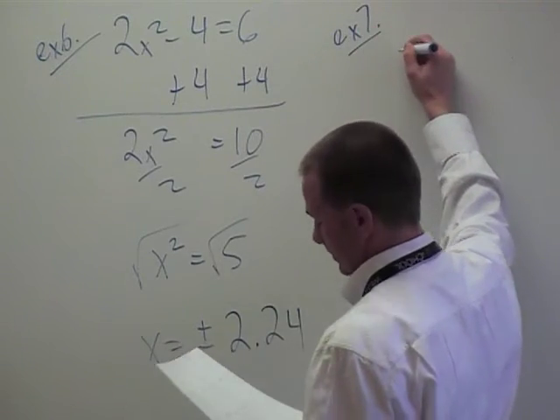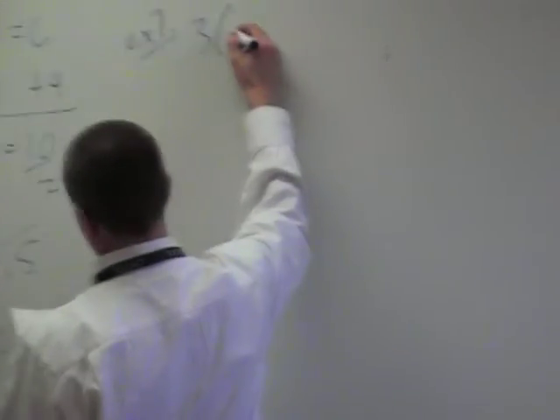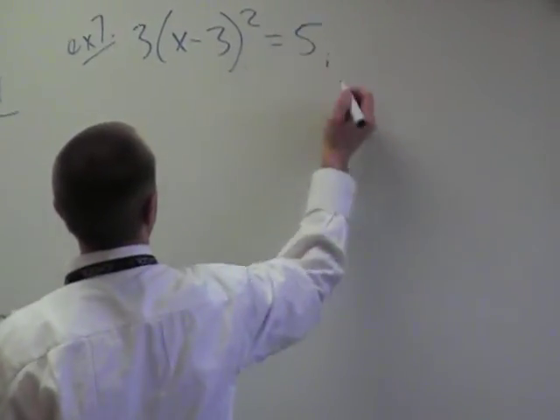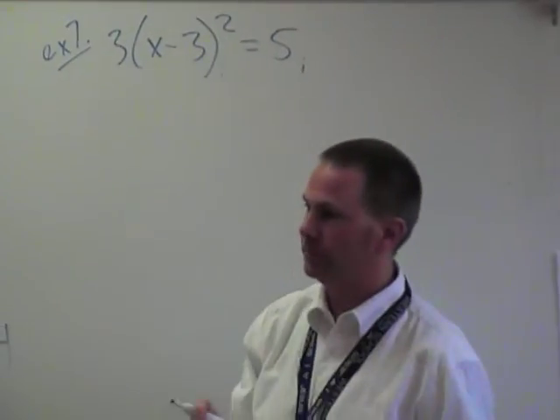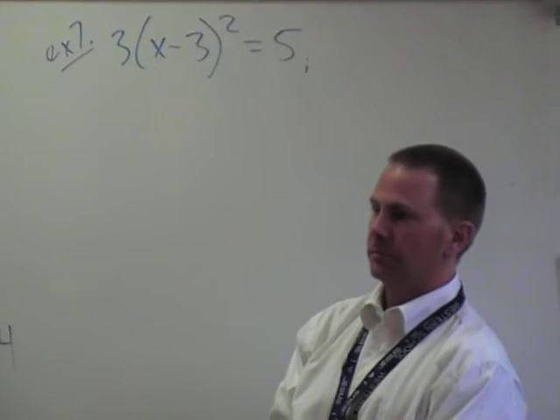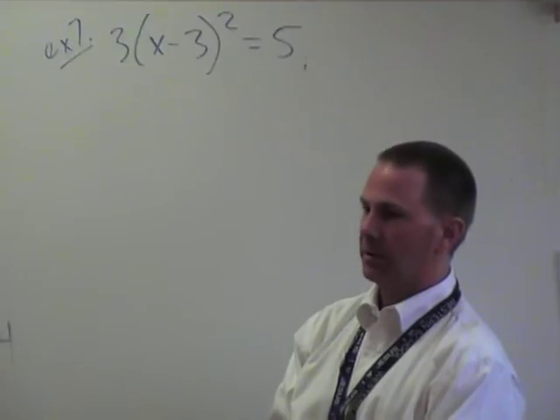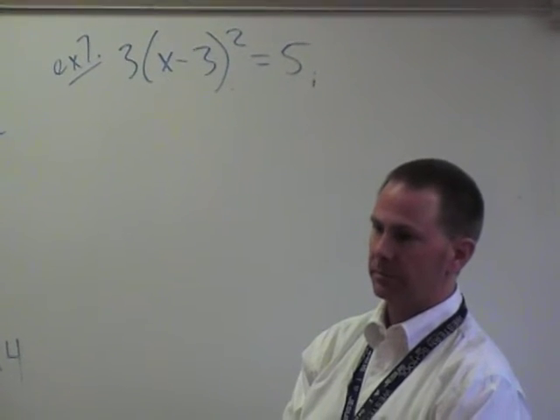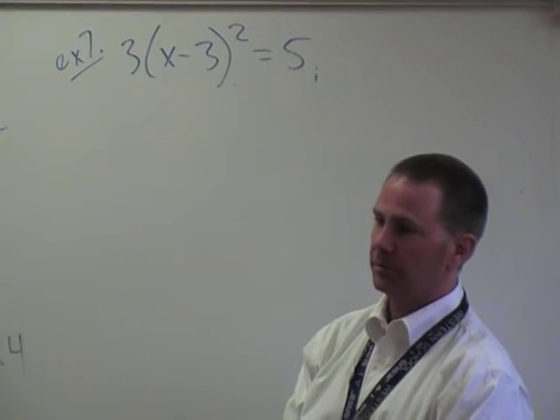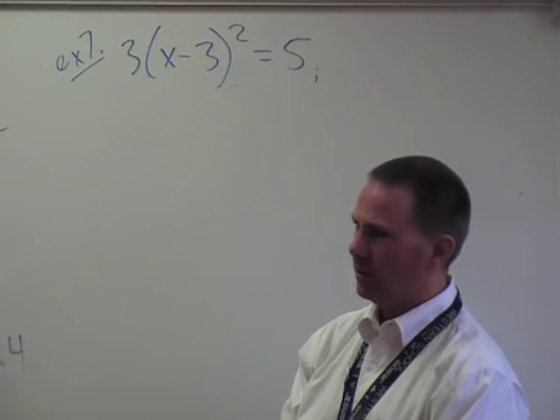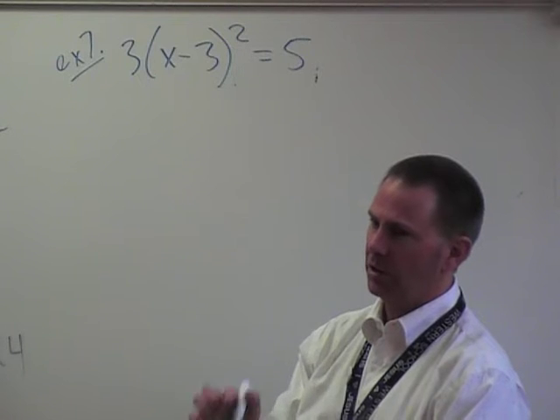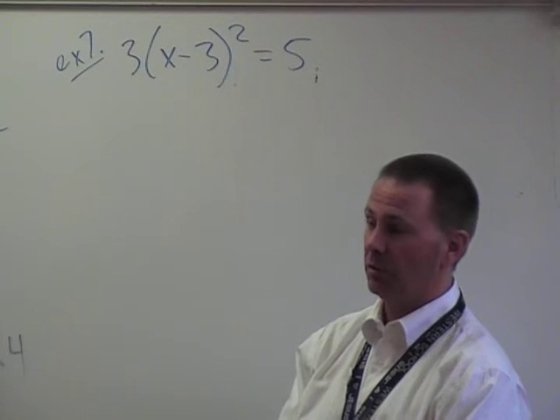Example 7. 3 times the quantity x minus 3, quantity squared, equals 5. Get the square by itself. Please don't distribute. You cannot do multiplication before you do the exponent.